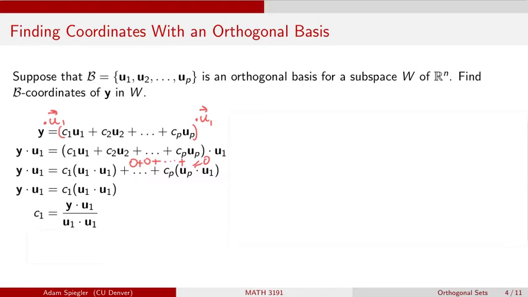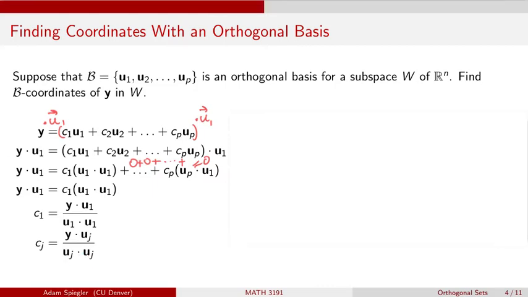And we could repeat this process by picking u2 to take the dot product on both sides, and u3 and u4 and so on. And we can get a general formula for the cj weight by taking y inner product with uj and dividing that by uj inner product with itself.